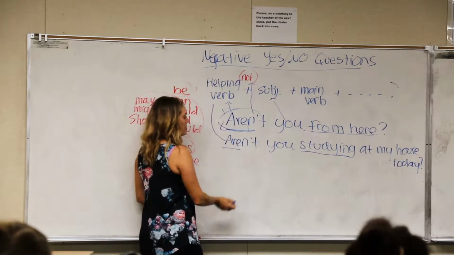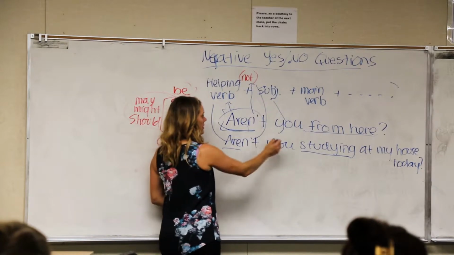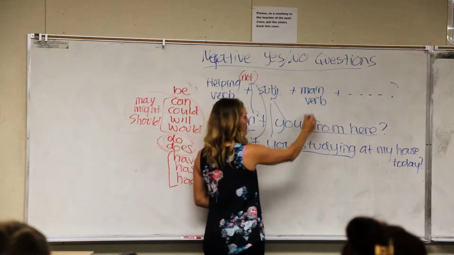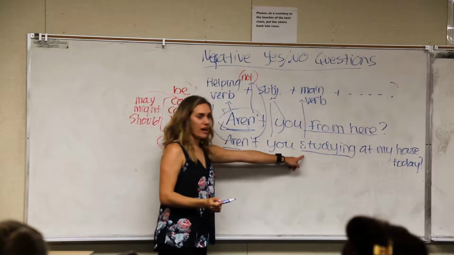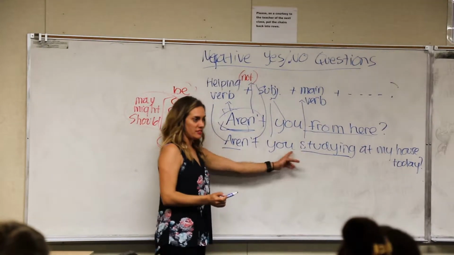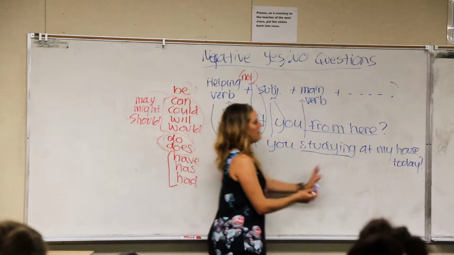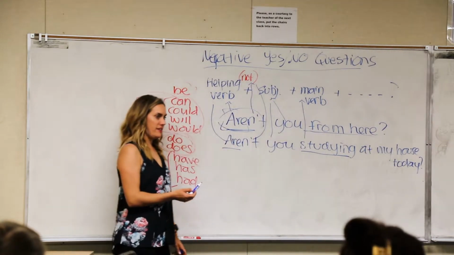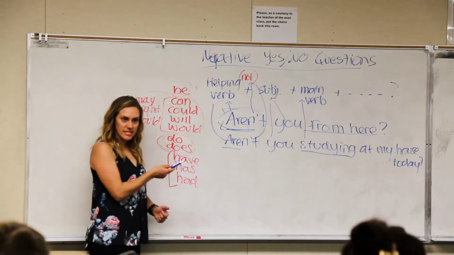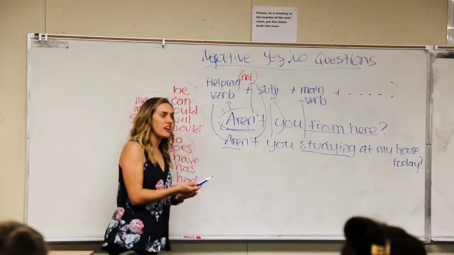We have the helping verb, the negative, the subject, and the main verb now, because we are using progressive, and then we have the rest of the sentence, okay? Does this make sense? I'm making negative yes/no questions.